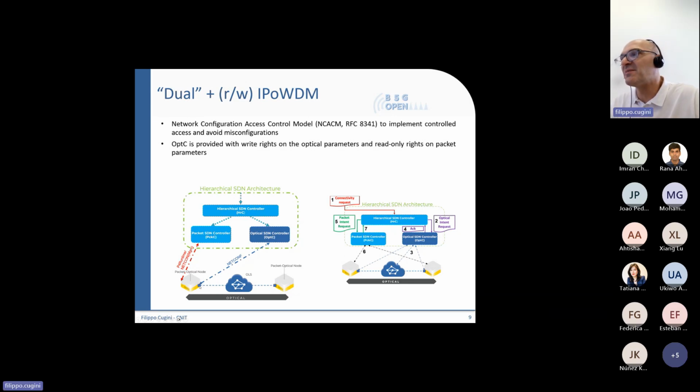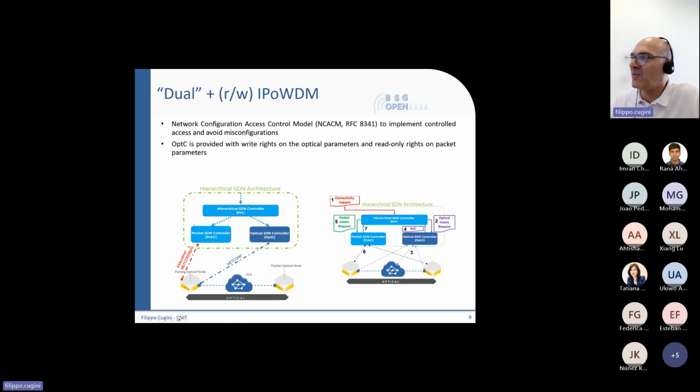But practically, there are constraints that refer to, for example, what happens when the operator needs to update the operating system of the node, or to change the version, or maybe to change the software of the controller. So there are cases that scare the operators a little bit about implementing this dual scenario. So although it is simpler and faster, we may have to face some of these issues. So the debate is still open.